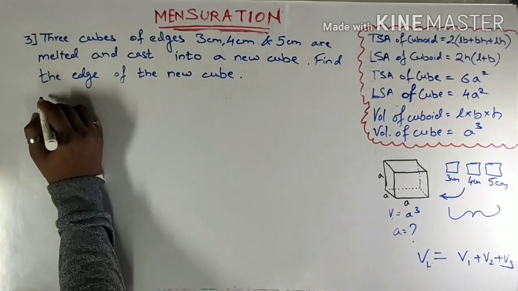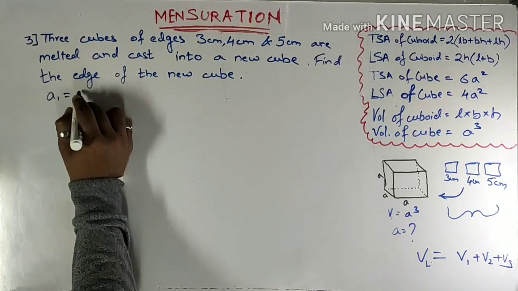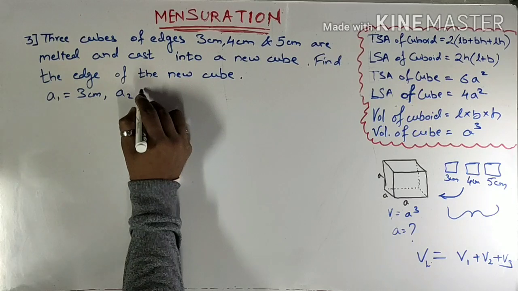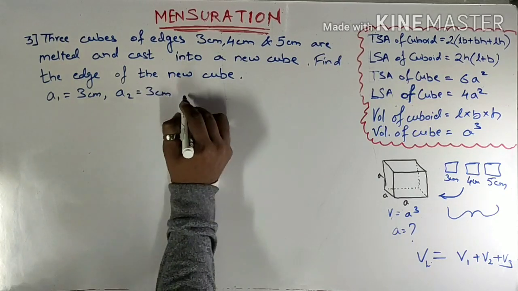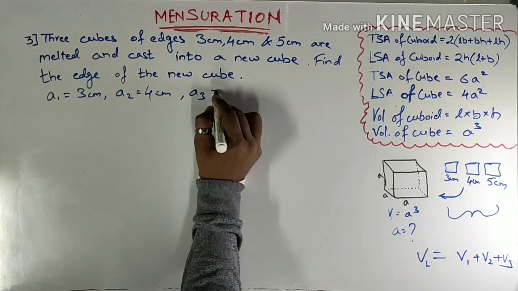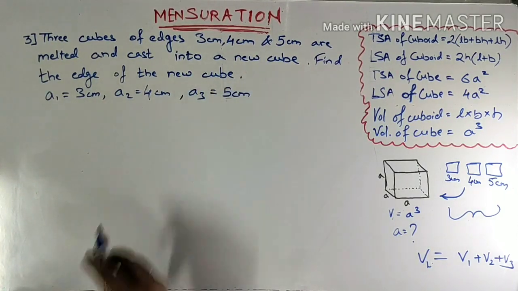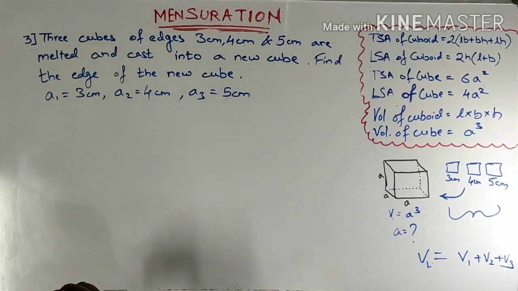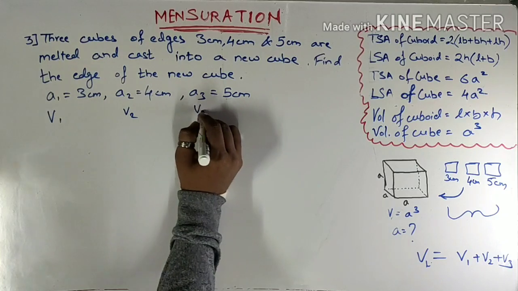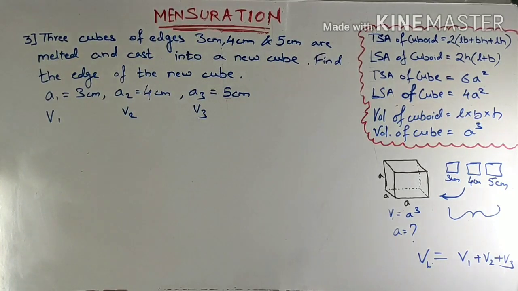So A1 is 3 centimeters, A2 is 4 centimeters, and A3 is 5 centimeters. Now the equivalent volumes of these will be V1, V2, V3. So as decided, my plan of action will be that the sum of these volumes is equal to the volume of the larger one.